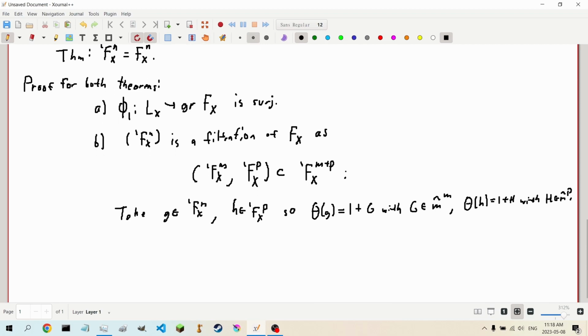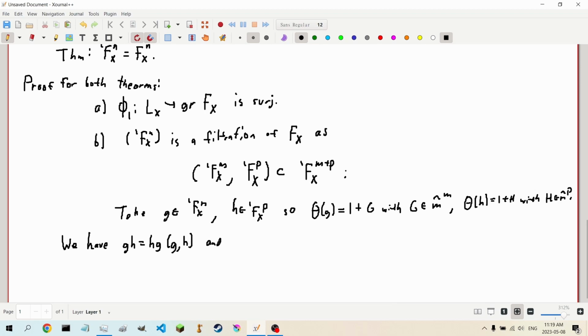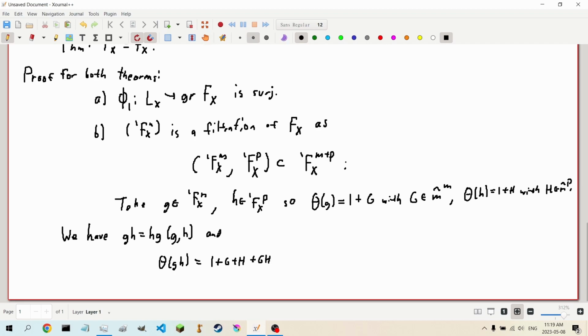Keeps throwing me off. Then we have gh equals hg times the commutator of g and h, and theta of gh should be 1 plus G plus H plus GH, theta of hg 1 plus H plus G plus HG.